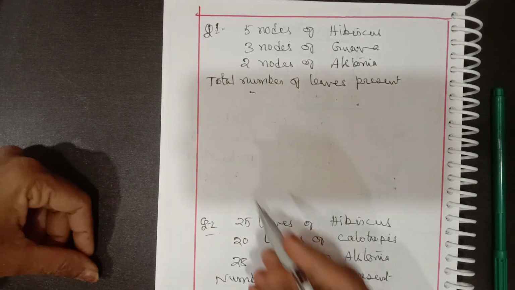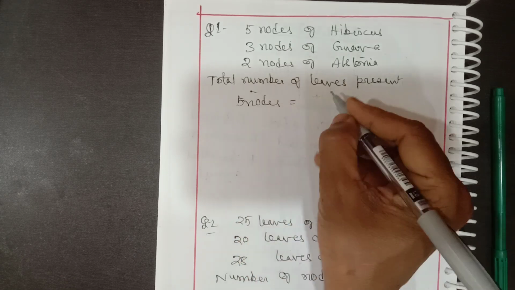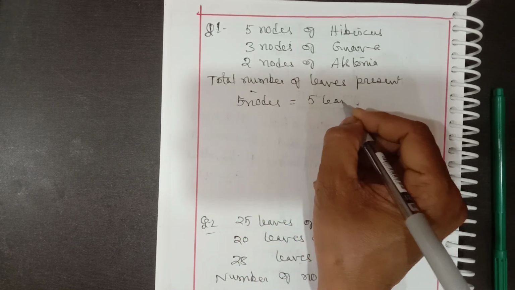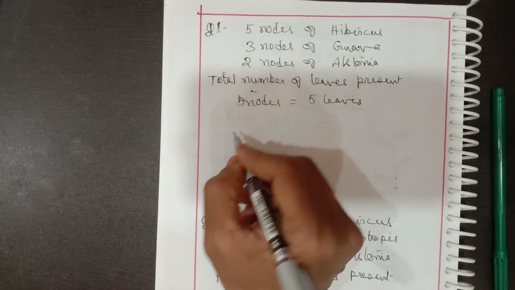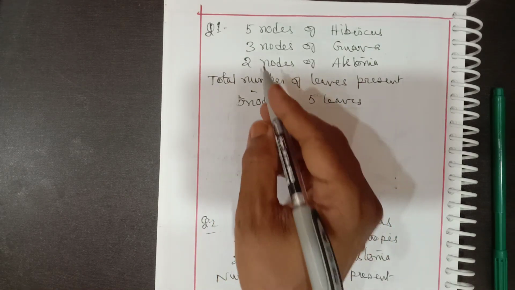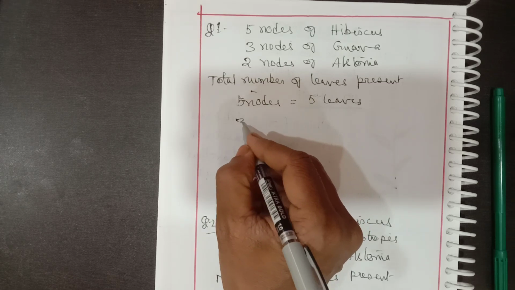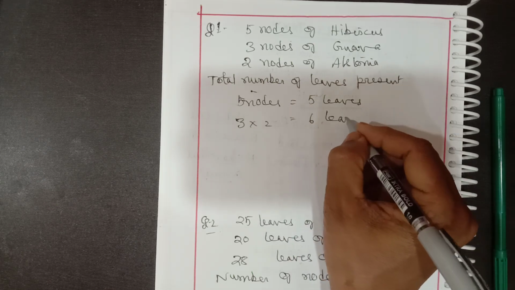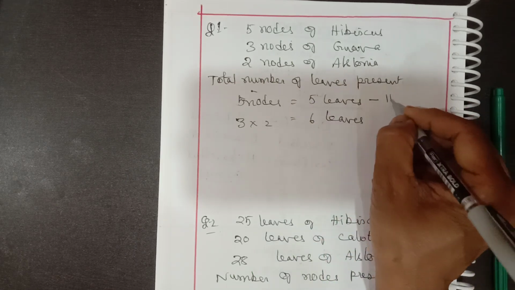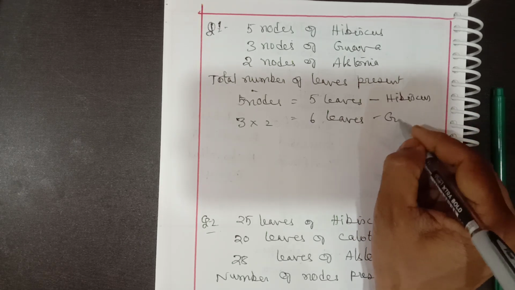So 5 nodes of hibiscus equal 5 leaves. In guava, each node has 2 leaves, and there are 3 nodes, so 3 into 2 equals 6 leaves.